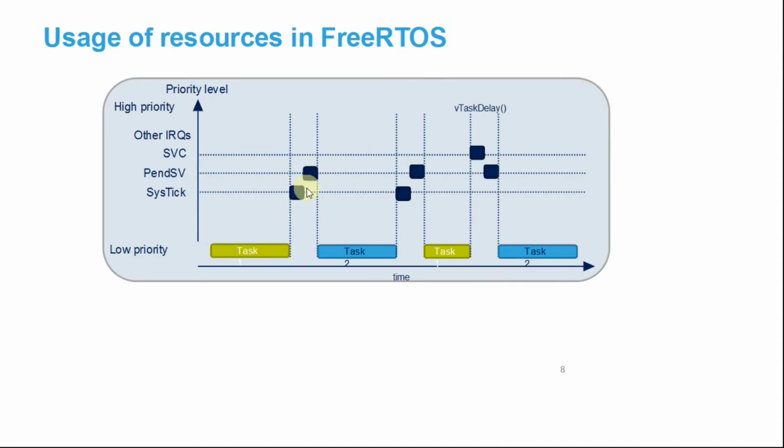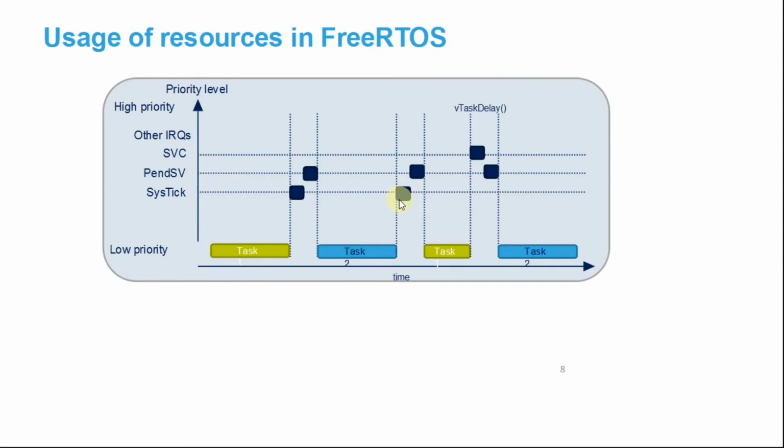That means task 1 execution is completed by the scheduler. Then the PendSV interrupt will generate. Once the PendSV interrupt generates, context switching will happen. Context switching means switching from one task to another task. This will be done by the scheduler. Now the scheduler will take task 2 for the execution and try to complete it.